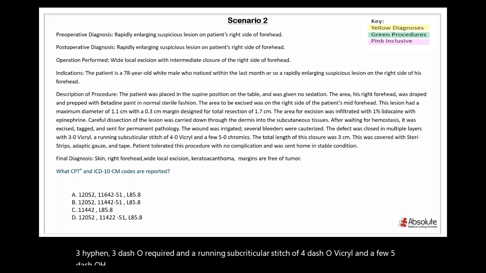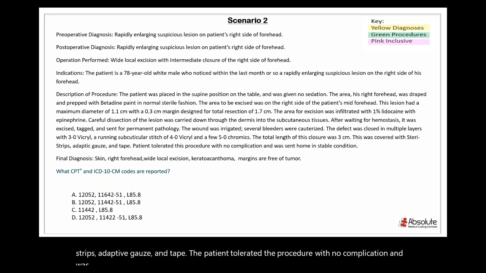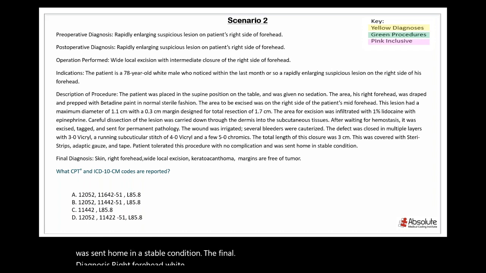Total length of this closure was 3 centimeter. This was covered with steri-strips, adapted gauze, and tape. The patient tolerated the procedure with no complication and was sent home in stable condition. The final diagnosis: right forehead wide local excision, keratoacanthoma, margins are free of tumor.